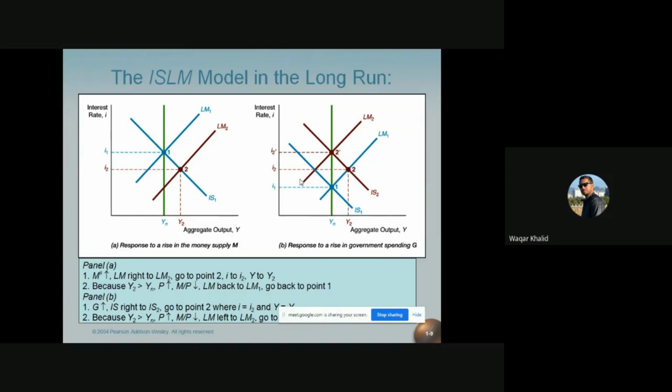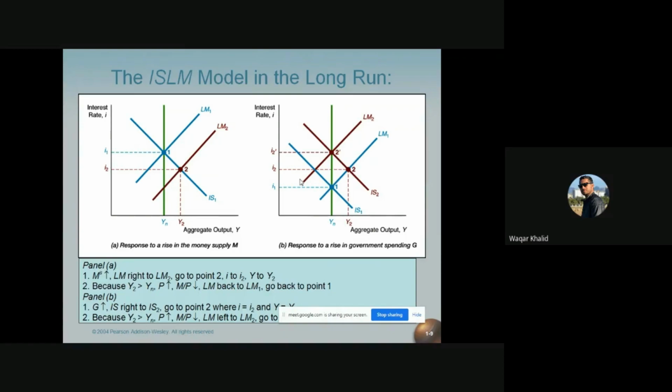Because the increase in the money supply has left output and interest rates unchanged. The only result of this increase in the money supply is a higher price level, which has increased proportionally to the rise in the money supply, so that real money balances are unchanged. And finally, real money balances are unchanged.